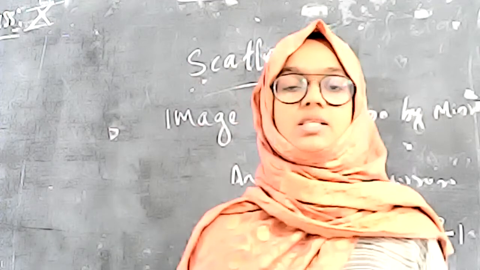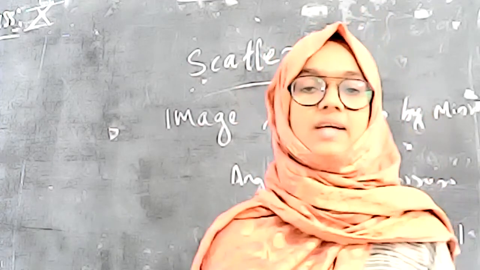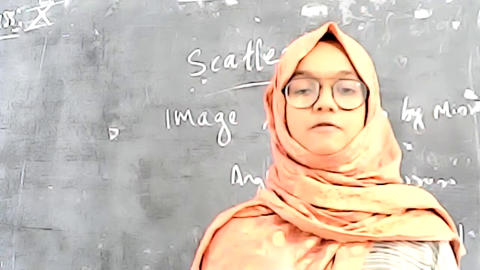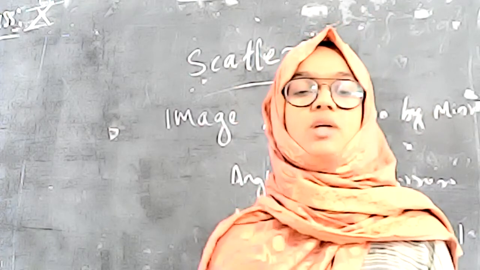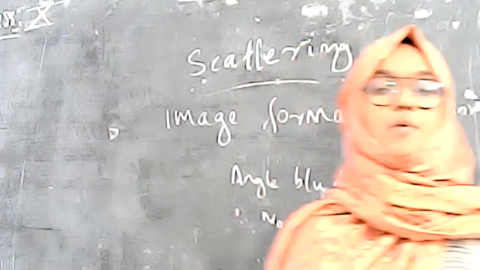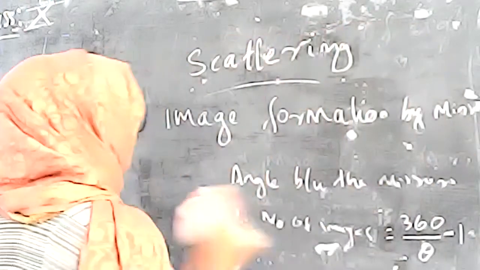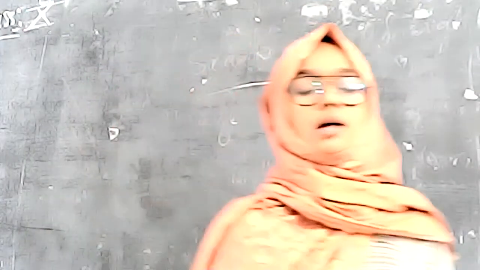So today we discussed what reflection of light is, refraction of light, the law of reflection, scattered reflection and image formation by plane mirrors. I think all of you understand these topics. Let me conclude them.